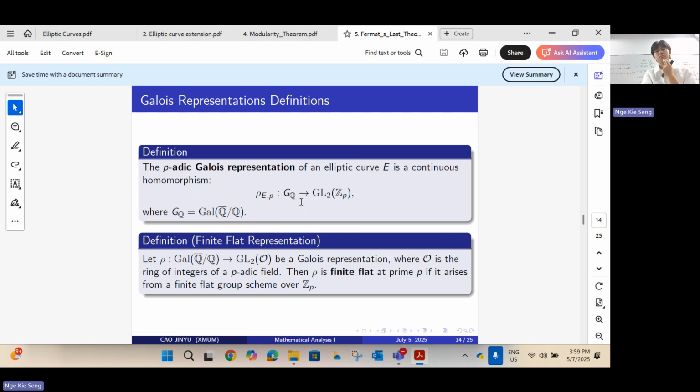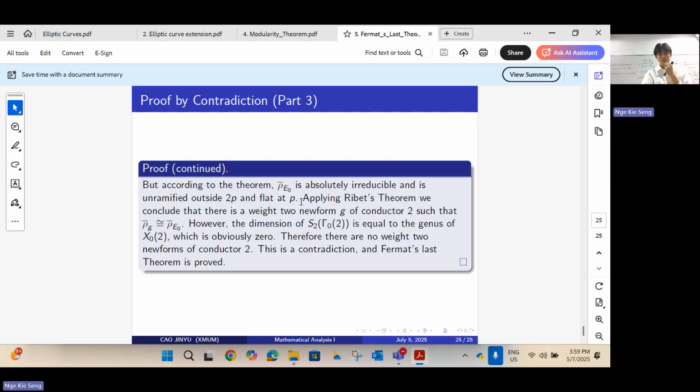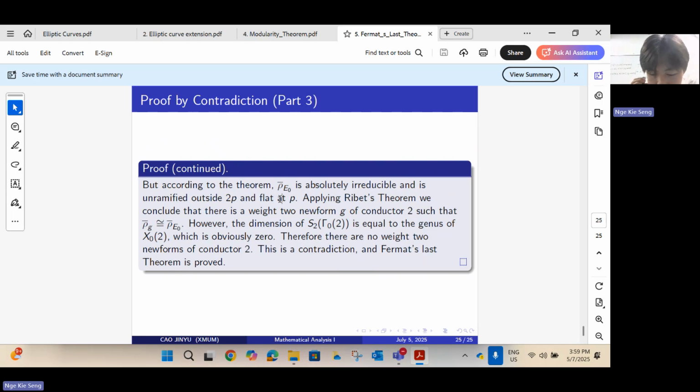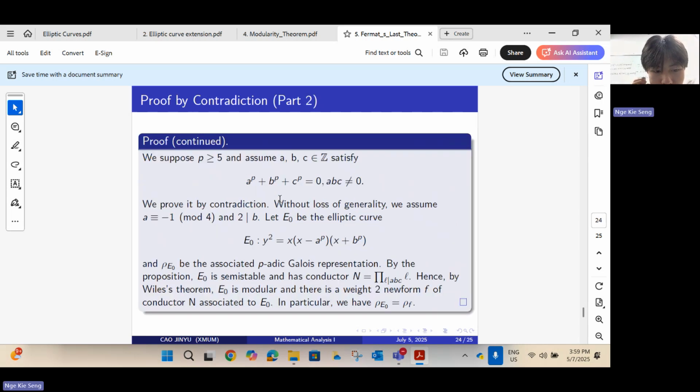I mean, can you go back to the last page? Go back to after you use... oh. Yeah, this part there.